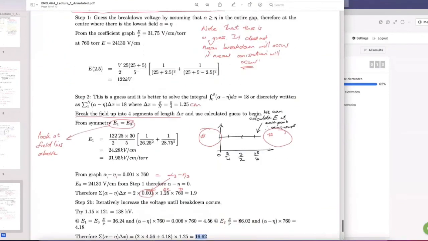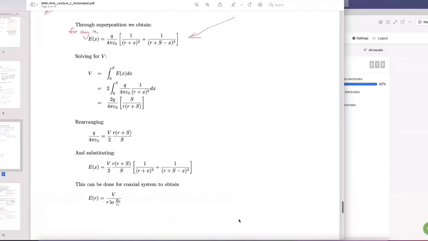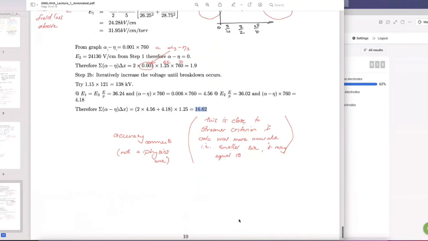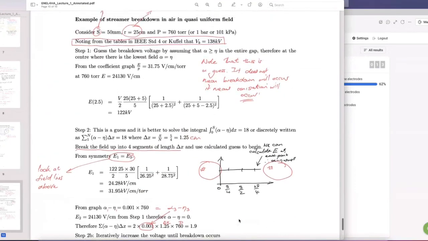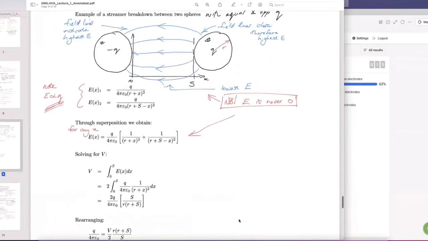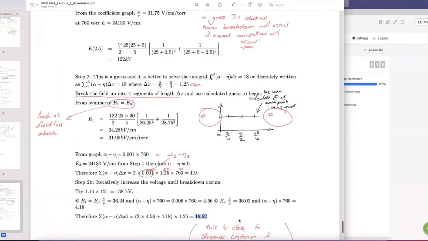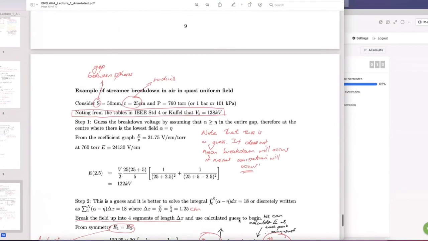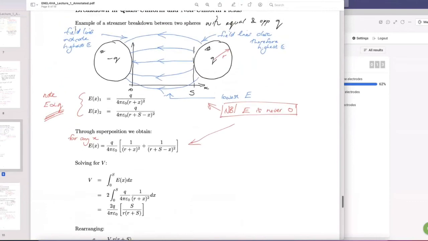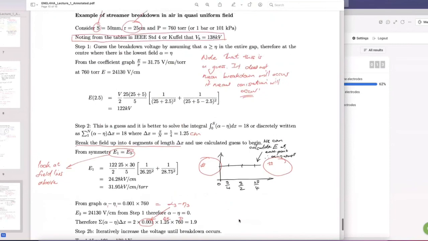Right, so those are the two examples for breakdown with the electric field, and you can see that you can calculate the breakdown voltage using the streamer criteria to a certain accuracy.